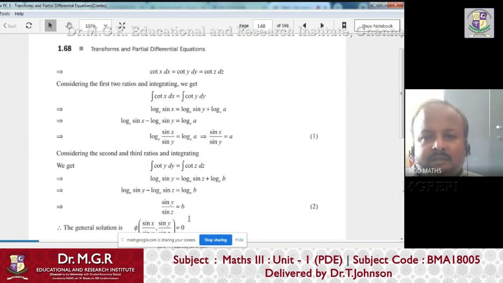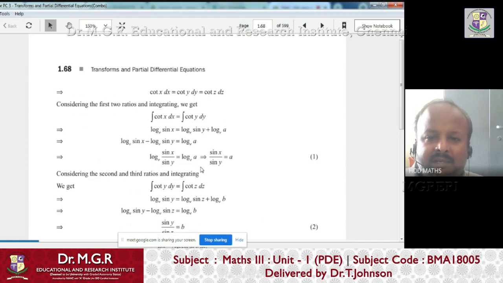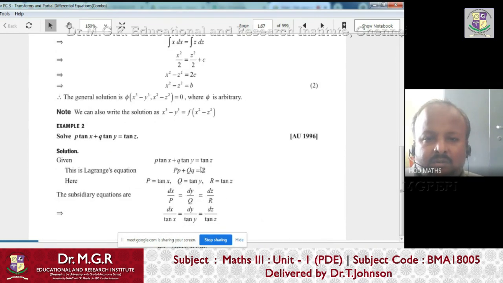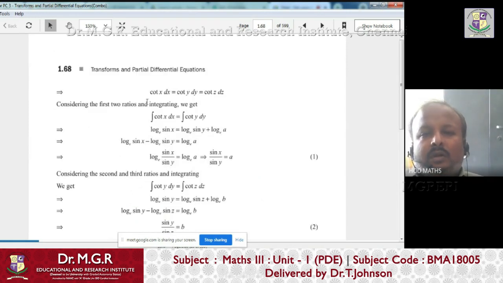So straight away you can write it like this: 1 by tan x is cot x, cot y, cot z.